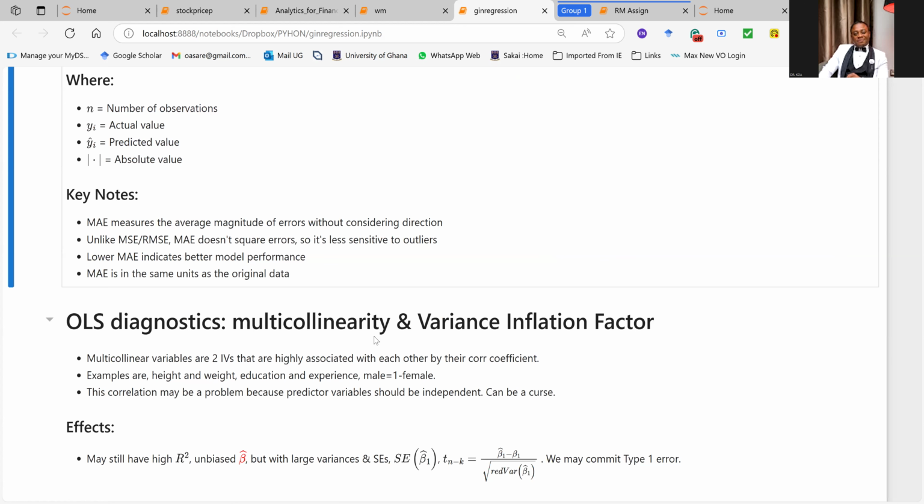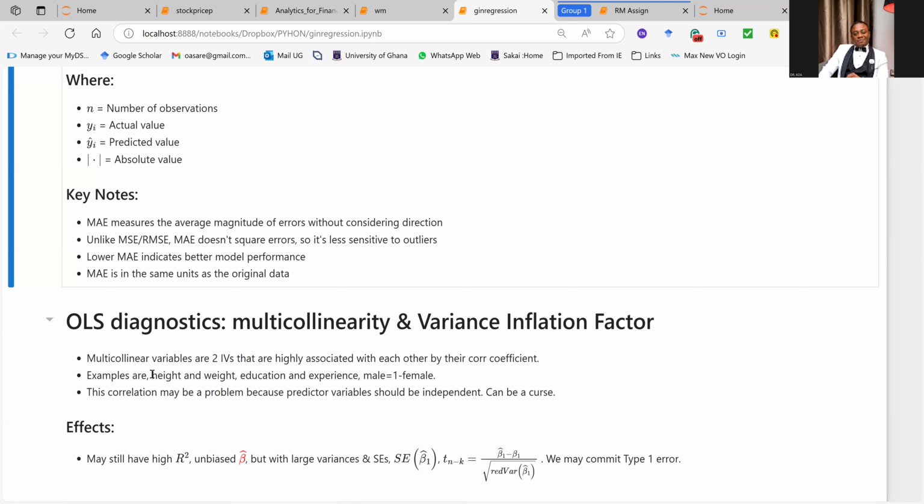And so you don't need to keep both even in the model, because it becomes redundant. So multicollinearity is where 2 independent variables are so highly correlated that it becomes difficult to disentangle the partial effect of one from the other on the dependent variable. That's multicollinearity.